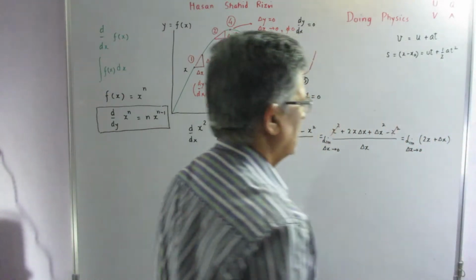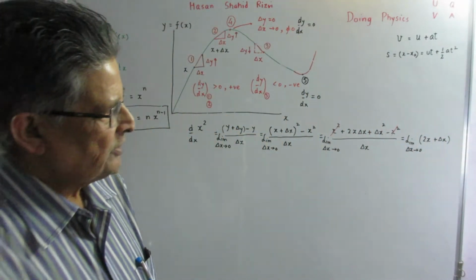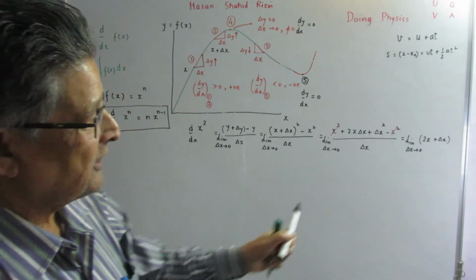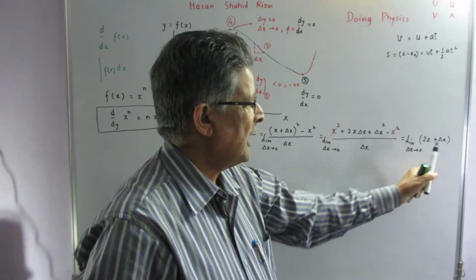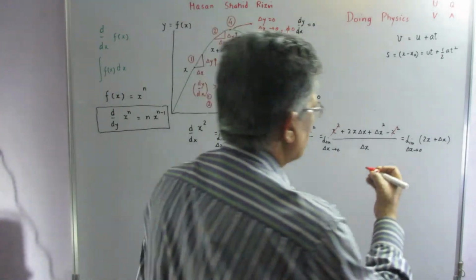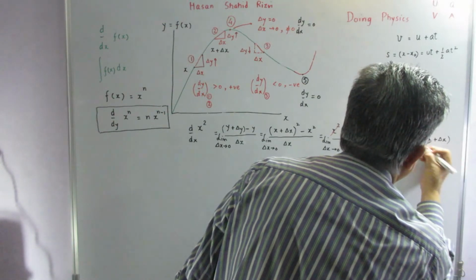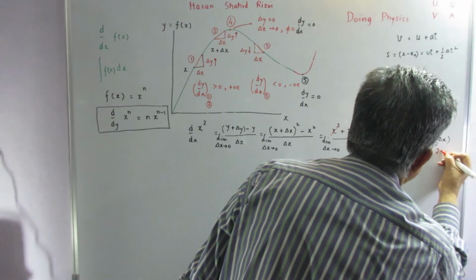Okay. Now let us apply the limit. When delta x tends to 0, I can write this as equal to 2x.